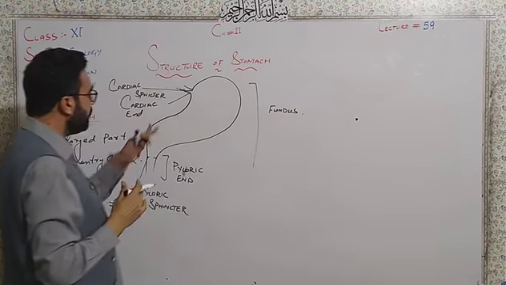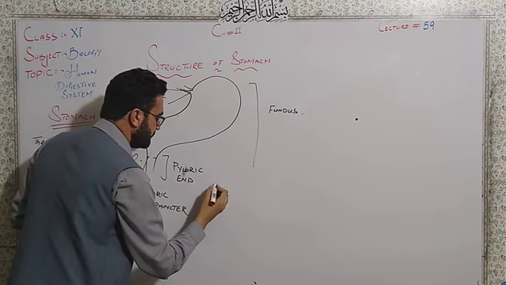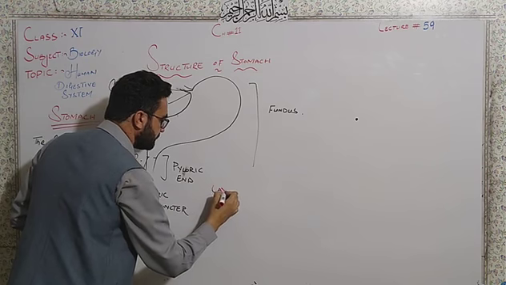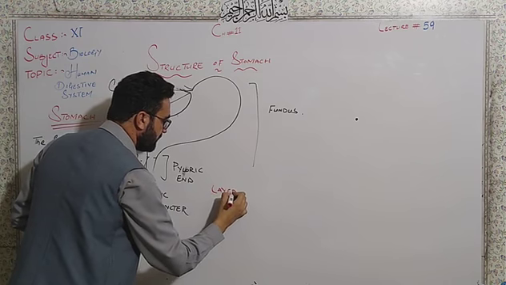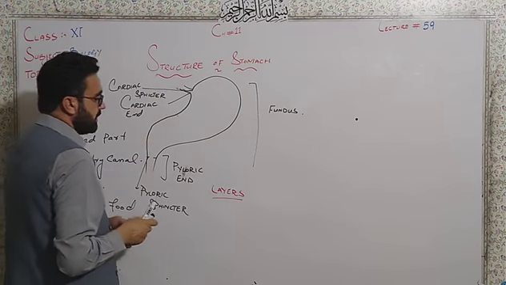If we examine the wall structures, it has 4 layers. The outermost layer is called serosa.